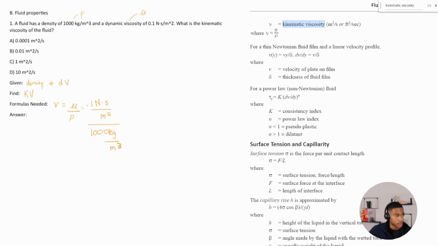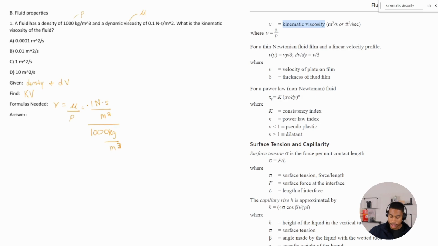Okay, so what's the problem here? The problem is our units don't cancel out. So we have kilograms over meters cubed, and we've got this Newton seconds going on.